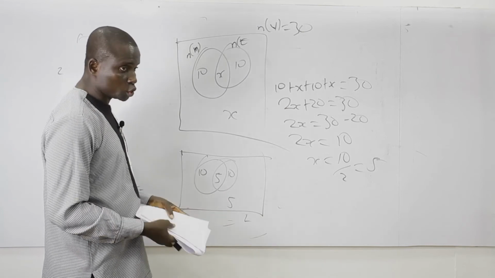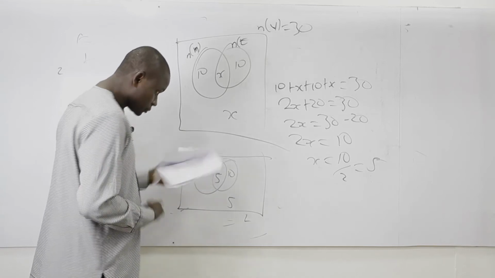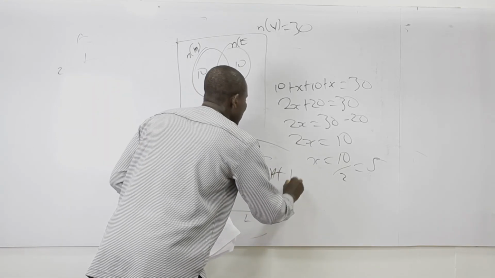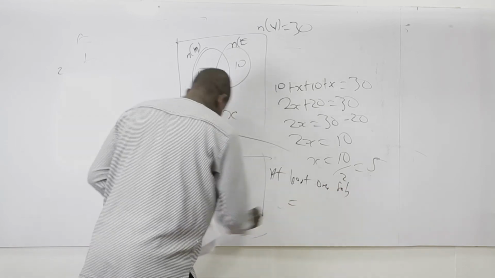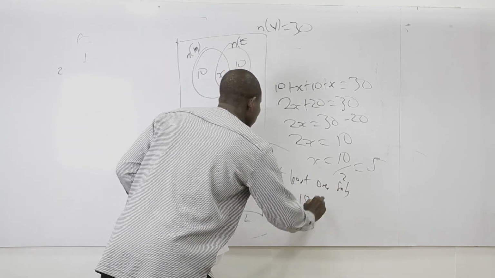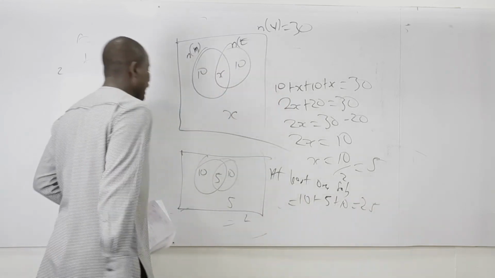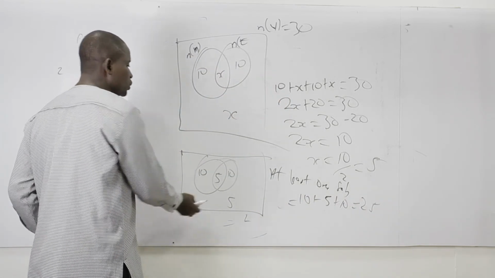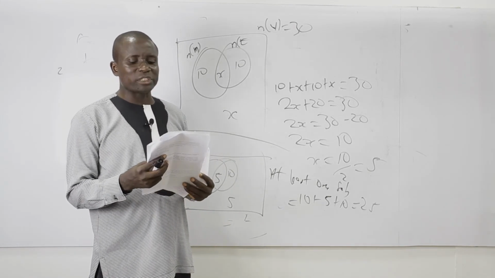So at least one subject will be 10 plus 5 plus 10, and that will be 25. And at most also, I think it will produce the same result. Okay, so now we are coming to the end of the two-set problem.